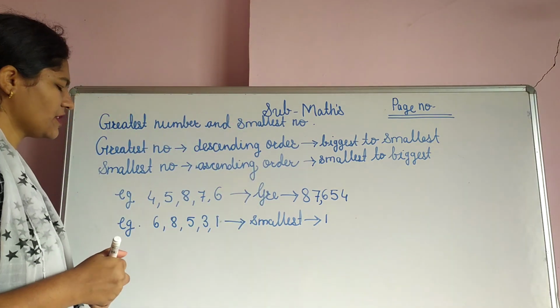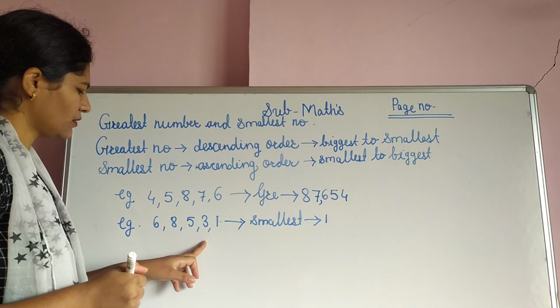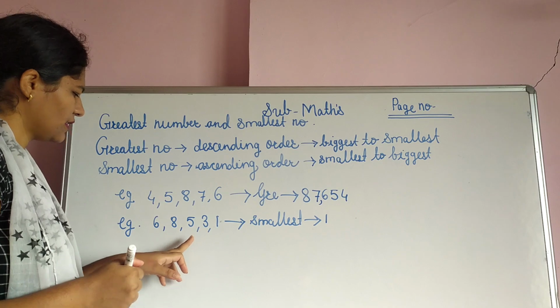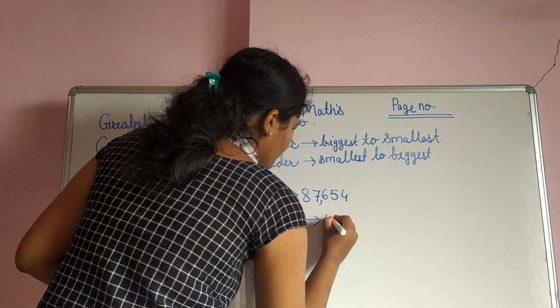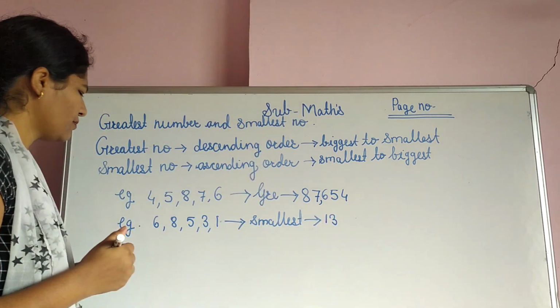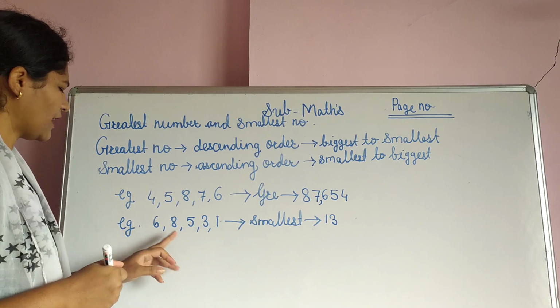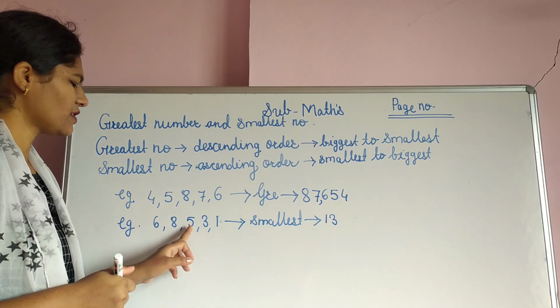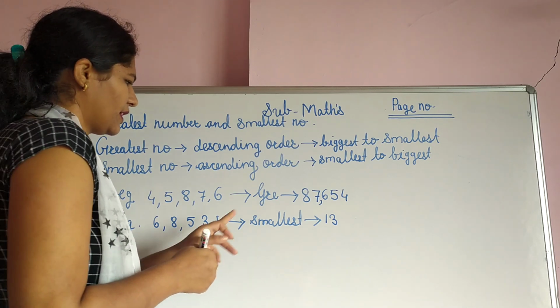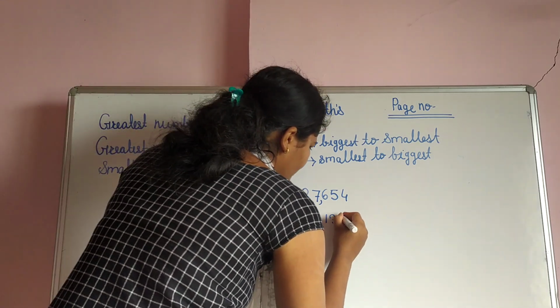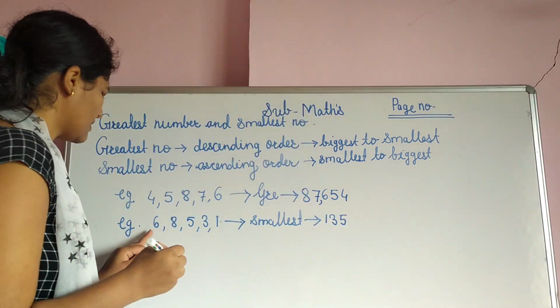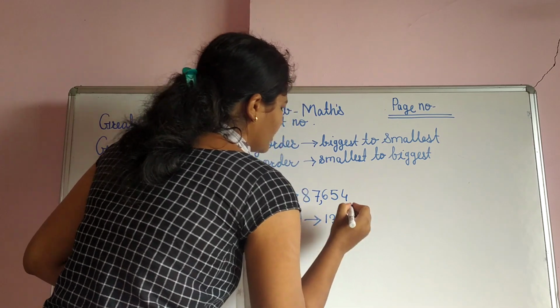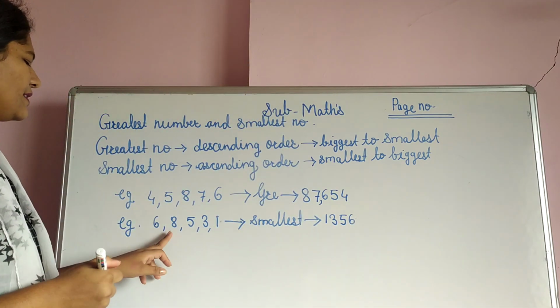After that, which is bigger than 1 and smallest among the rest? That is 3. After 3, which number is there? 5 or 6? Which is smaller? 5 is smaller. So we write 5 here. Then next is 6. And here which digit is big? That is 8.